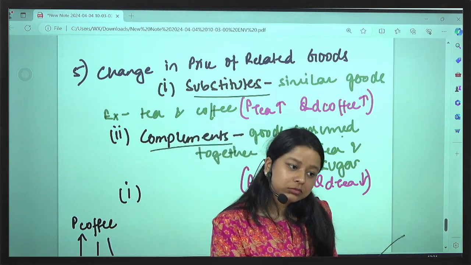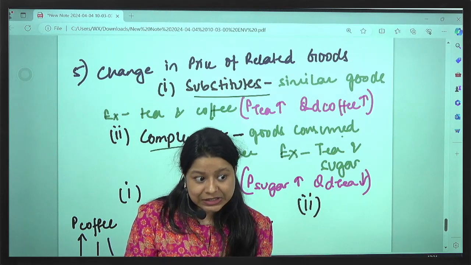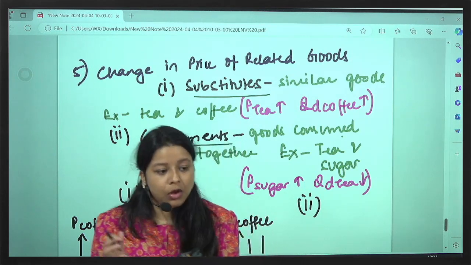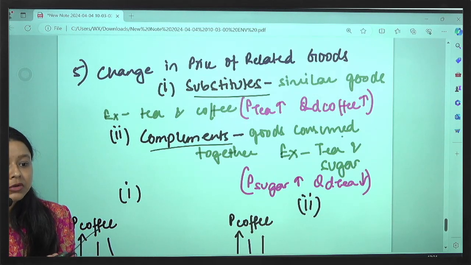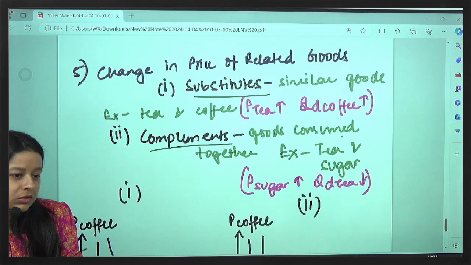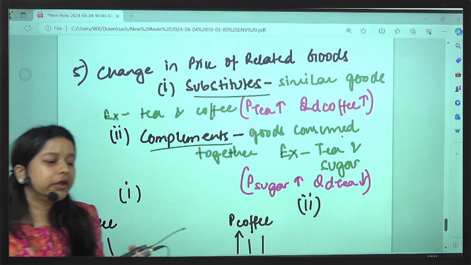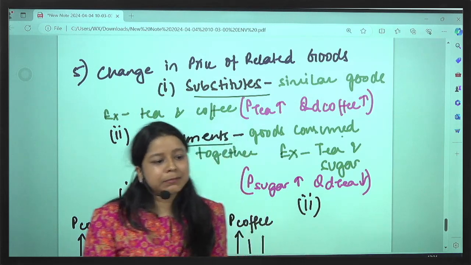Tea, coffee, what else? Coca-Cola, Pepsi, similar. Thumbs up. What else? Tell me, what are similar goods? Different kinds of fashionable goods. है ना? और similar goods.